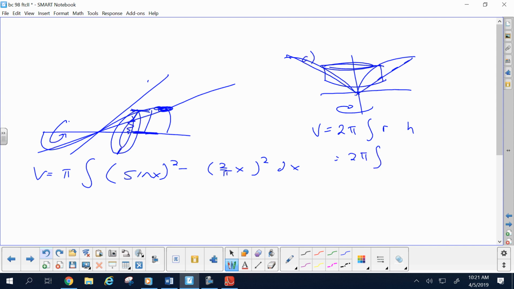Is that just x or y? It's x. It's horizontal x. And what's H? Upper minus lower. So the upper is the sine and the lower is the line. Sine minus 2 over pi x, dx.